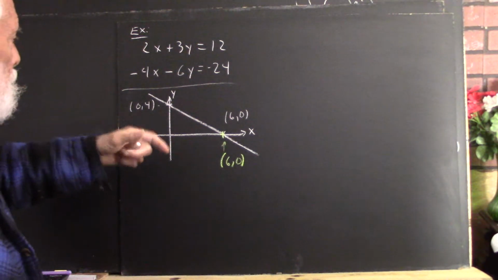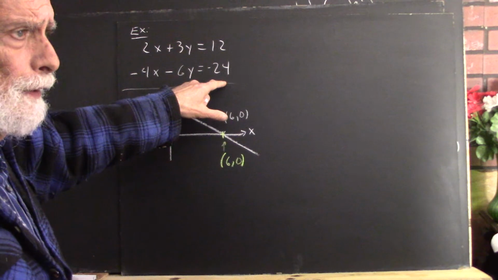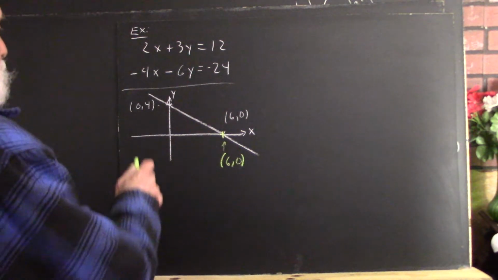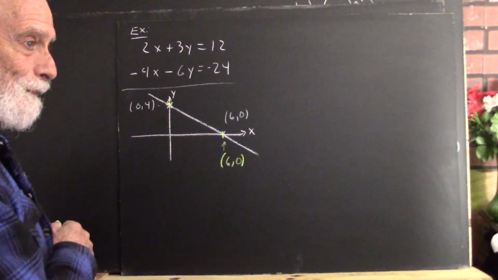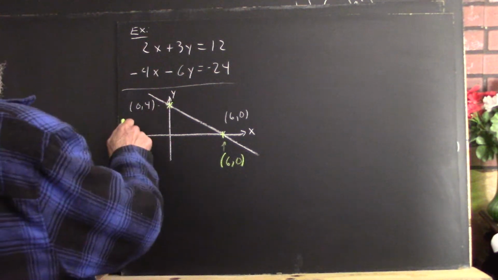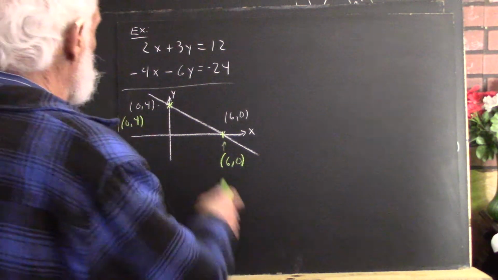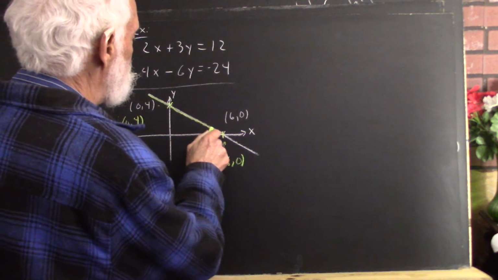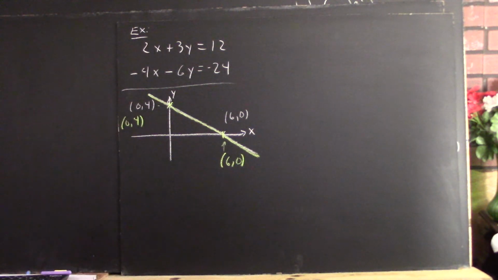If x is 0, negative 6y equals negative 24, so y is 4. Uh-oh. It looks like the y-intercept is also the same. So it looks like the two lines are the same.